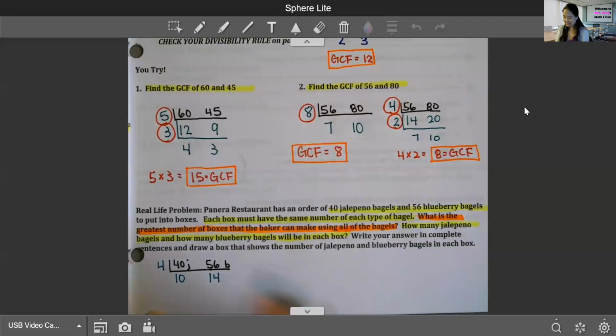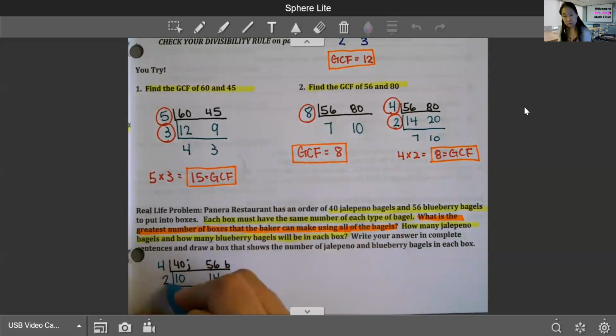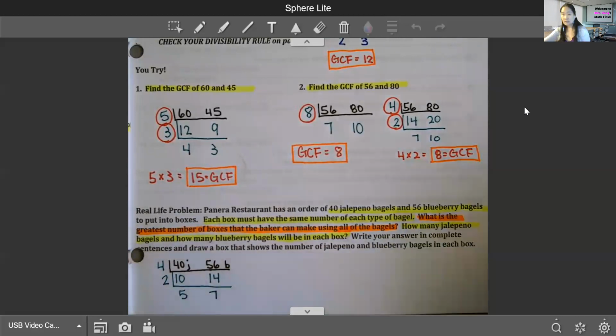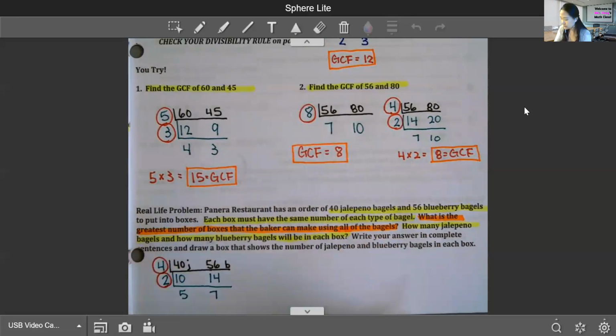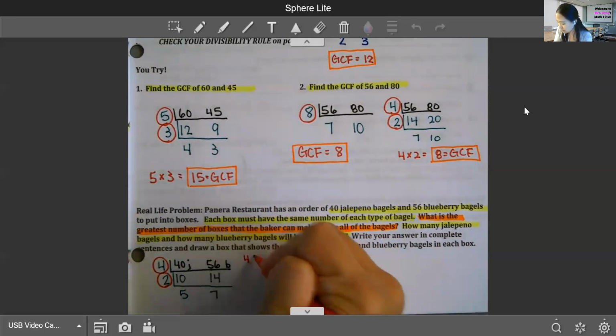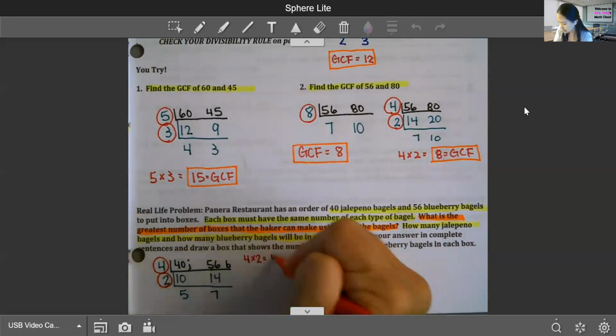Yes, there is: 2. So I'm going to divide by 2, which goes in 5 times and 7 times. I need to stop because there's no other common factor anymore. So I'm going to multiply 4 and 2. So my greatest common factor is 8.